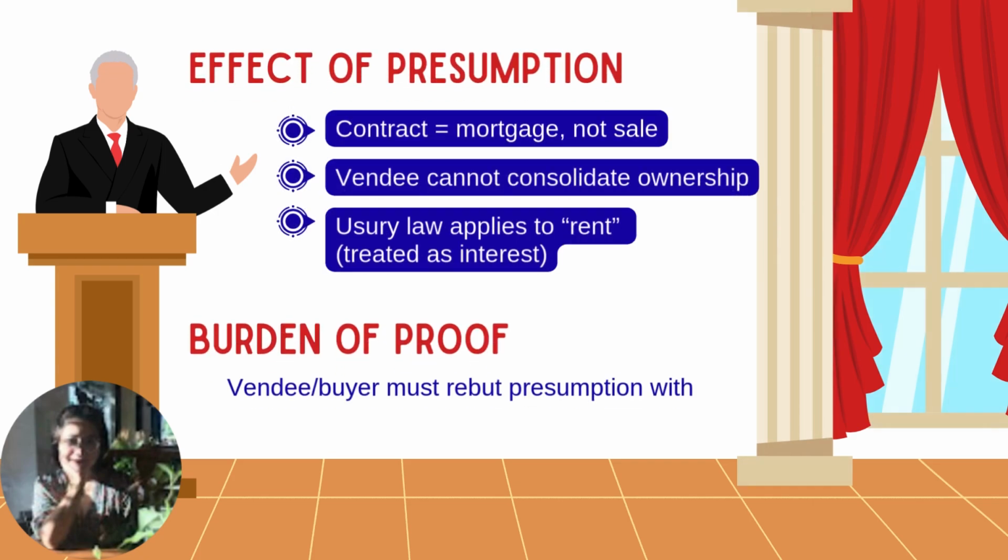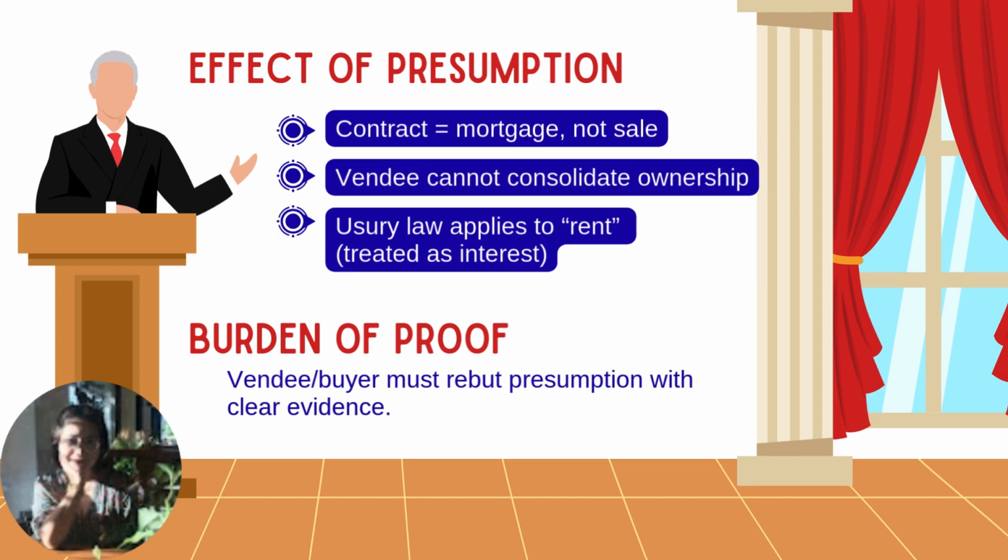If a contract is presumed to be an equitable mortgage, these are the legal consequences. Number one is that the contract is treated as a mortgage and not a sale, and consequently, the buyer cannot consolidate ownership of the property because it is only considered security for a debt.